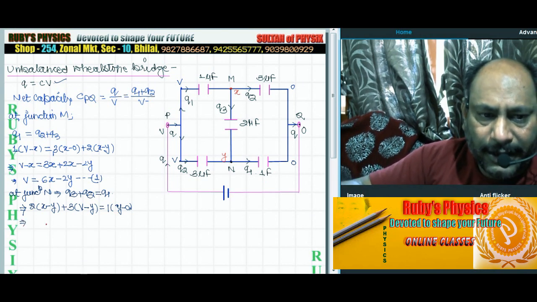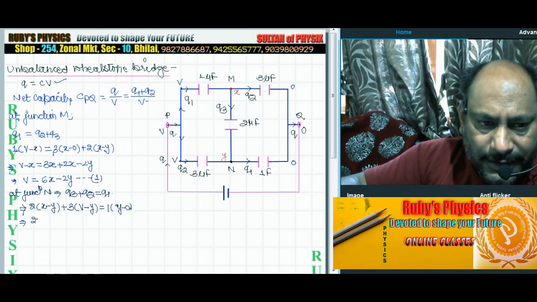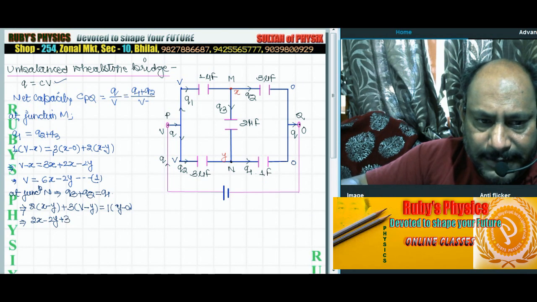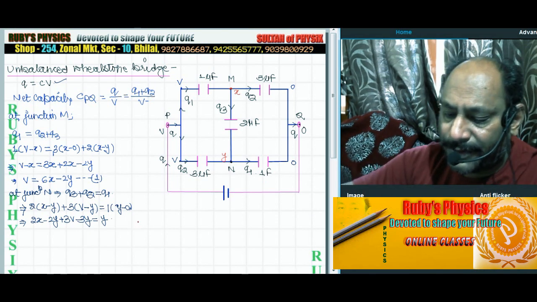So again, if we rearrange the terms, can I write it is 2X minus 2Y plus 3V minus 3Y, that will be equal to Y. Now arrange all these terms together.